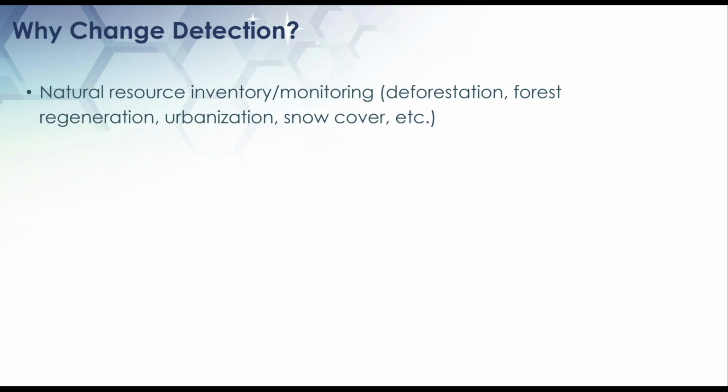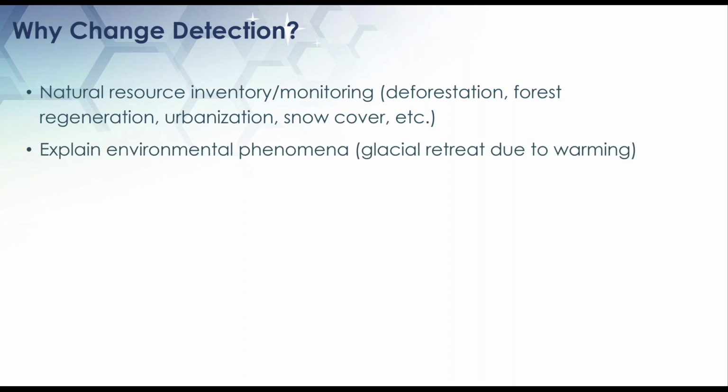So what are reasons we would want to do change detection with satellite imagery? This methodology is used for a lot of different applications, things like natural resource monitoring, looking at deforestation, forest regeneration, urbanization, and so forth.